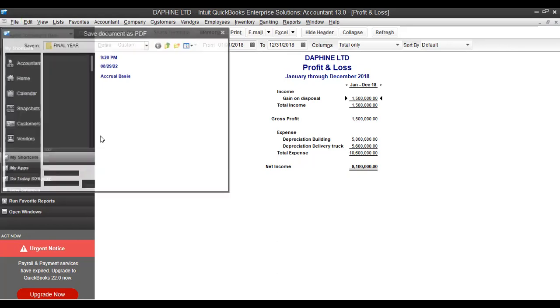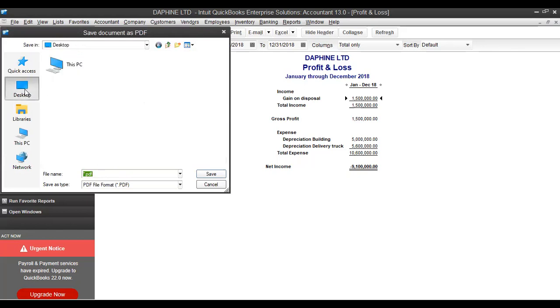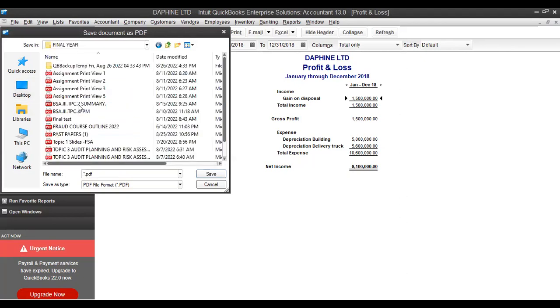When you click on it, the options will come. So you look for the file or the folder where you're putting the information. Go to desktop, then look for the folder. Let me use the final folder here. When I click on it, it will open, then you save the name, assuming it is P&L.